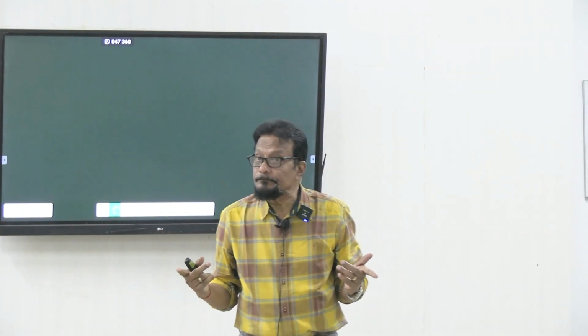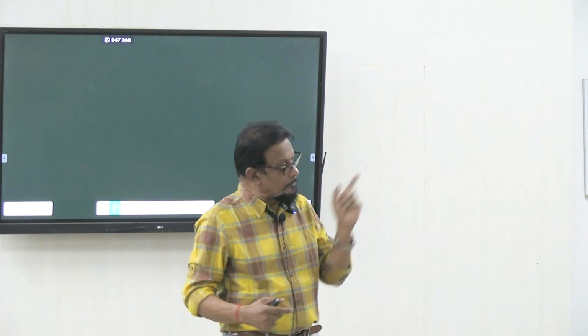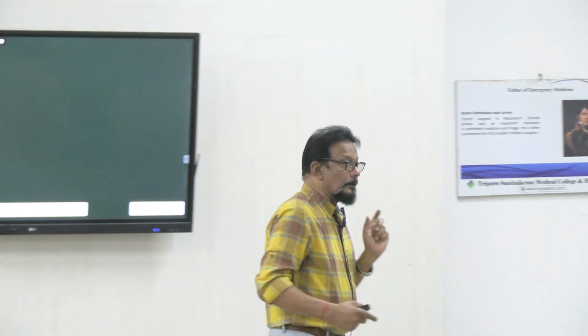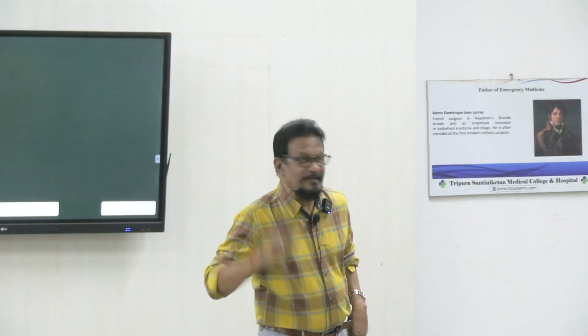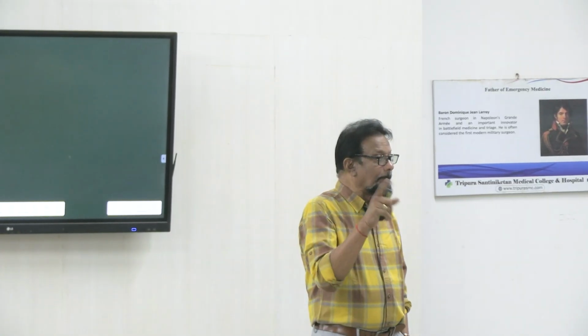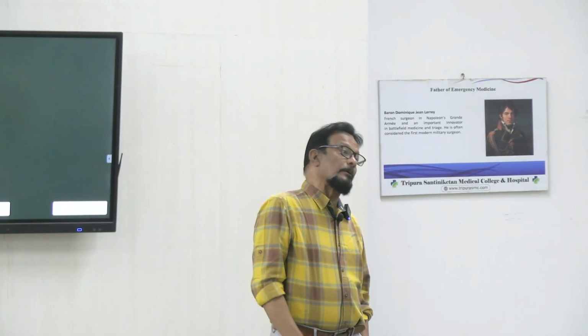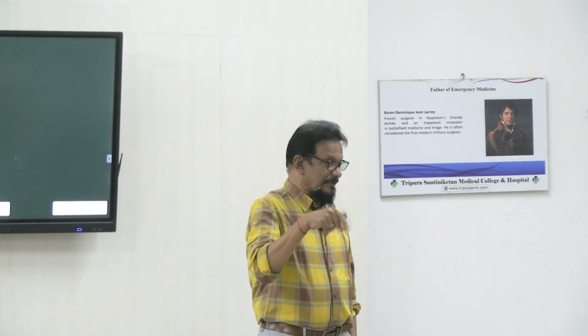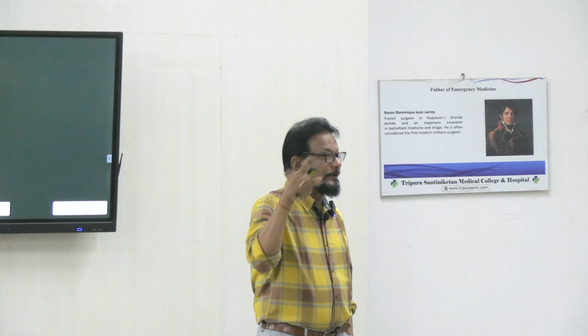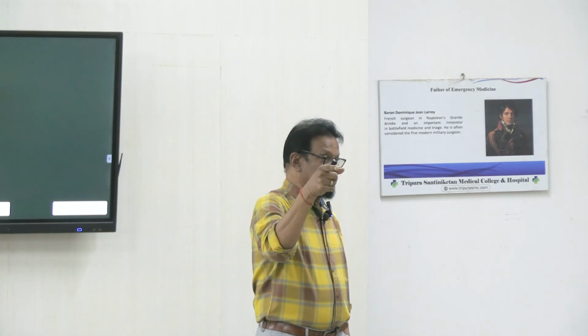Any idea? We can predict it. There is a simple formula, you will get it in future. This formula is 220 minus age. Now you predict what would be your maximum heart rate. So maximum heart rate is 220 minus your age.